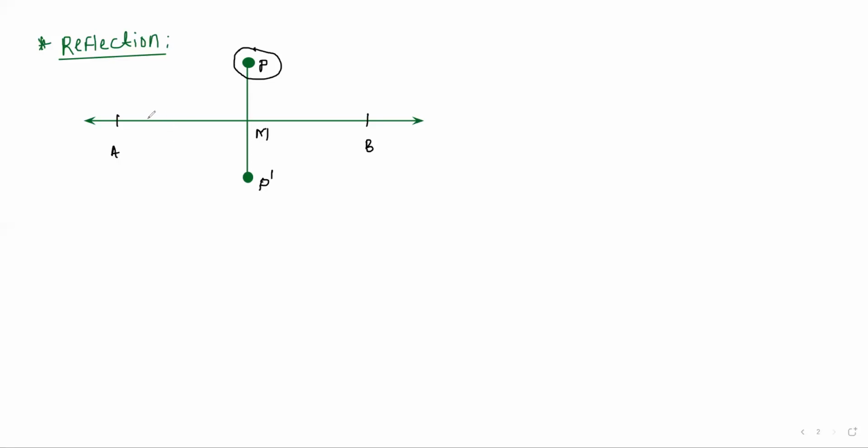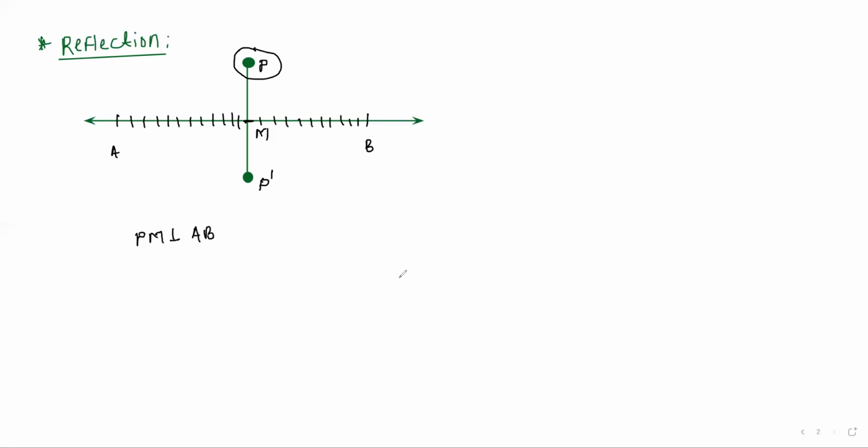Consider this as a mirror, and this is the object, and from that object we have drawn a perpendicular line up to this point, that is PM. PM is perpendicular to AB.